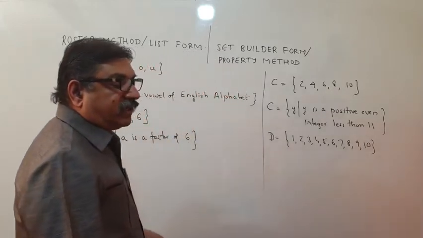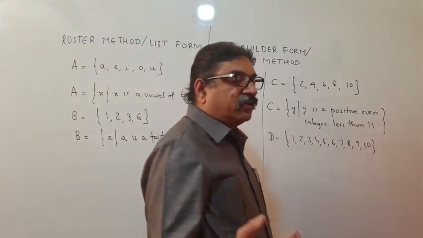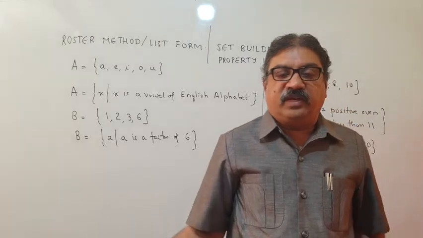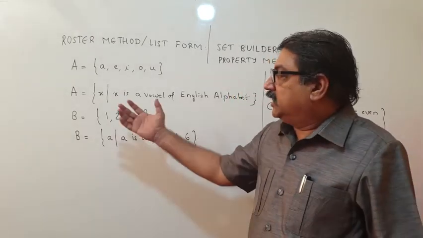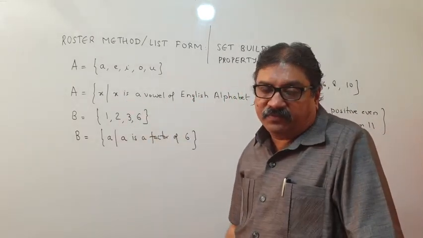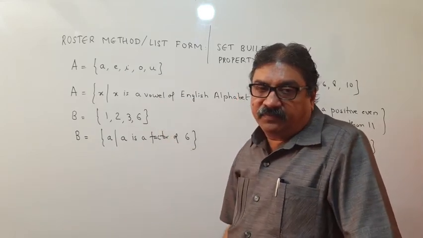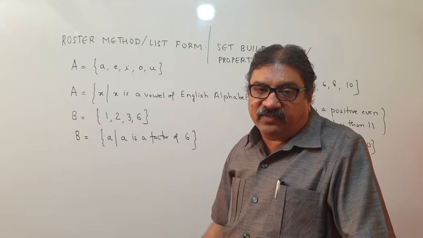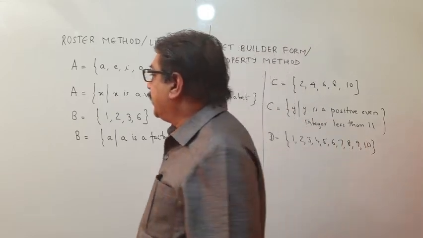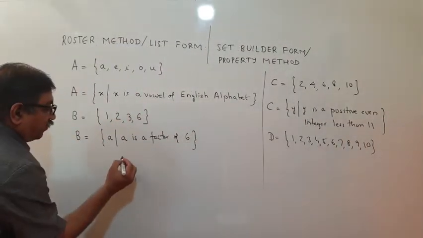So this set contains 10 elements. All the letters of English alphabet will contain 26 elements. A set can contain any number of elements. If the set has got a definite number of elements, it is called a finite set. F-I-N-I-T-E. Finite set.